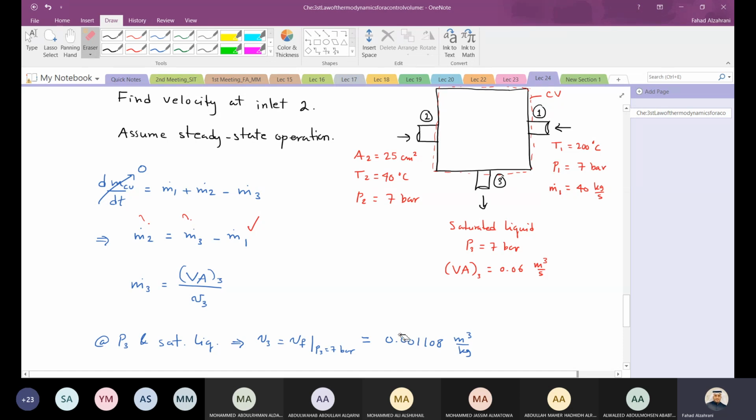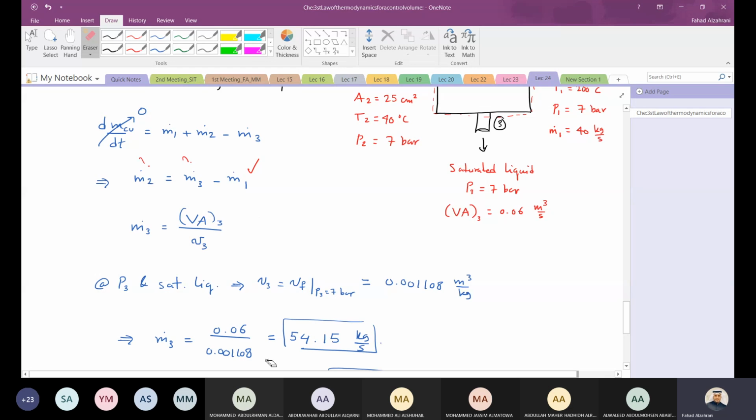You plug this in, and you get M dot 3 as 0.06 meter cubed per second divided by 0.001108 meter cubed per kilogram. Meter cubed cancels, kilograms goes up, and it becomes kilogram per second. So M dot 3 is simply 54.15 kilograms per second.